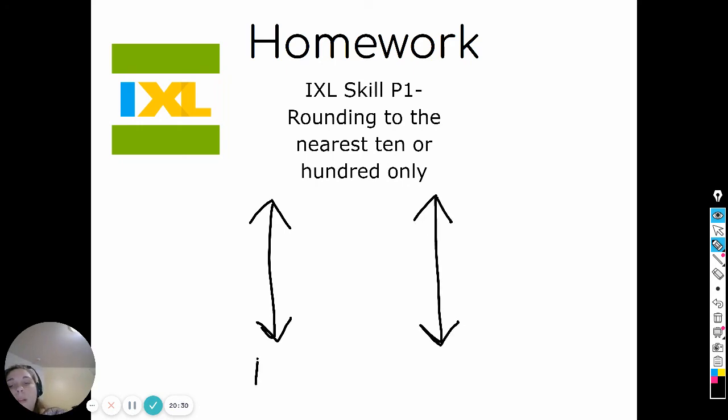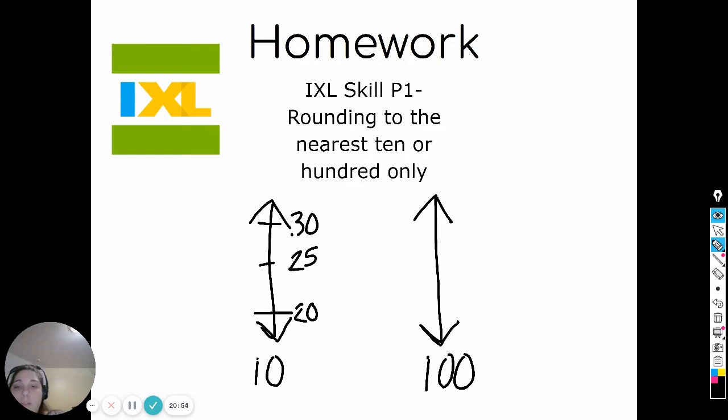Okay, I'm going to do two examples. One is rounding to the nearest 10 and one is rounding to the nearest 100. Okay, when you're rounding to the nearest 10, you're always going to have numbers that end in 0. They're 10 apart. Your halfway point is always going to end in a 5. And it's going to keep that same numbers down here.